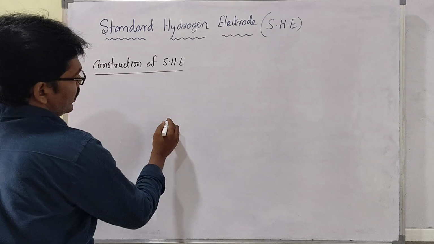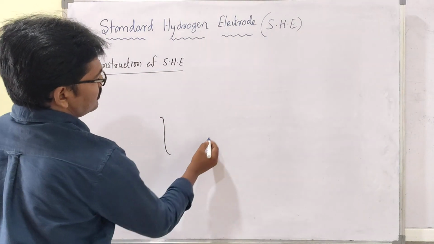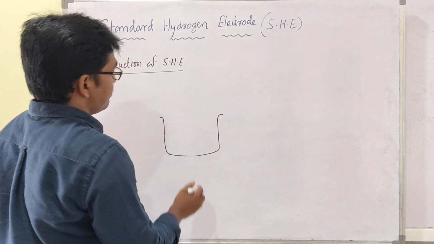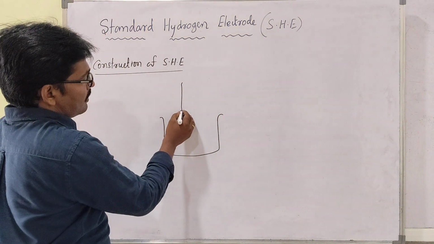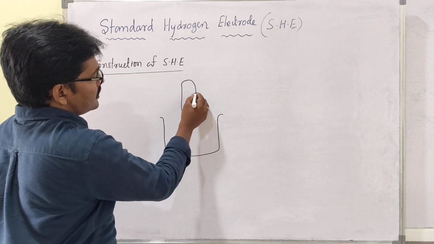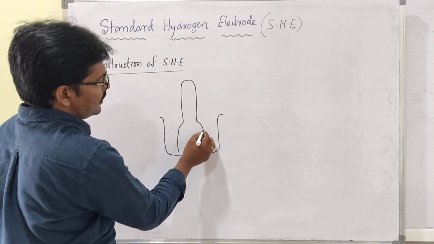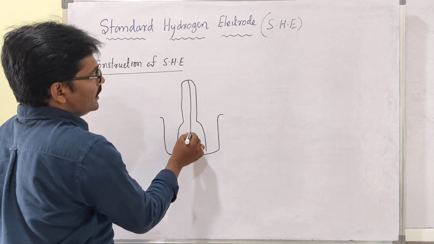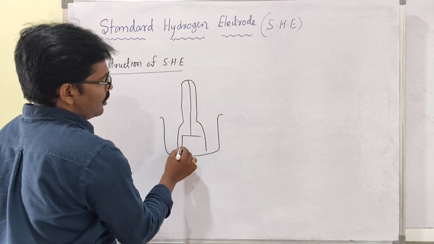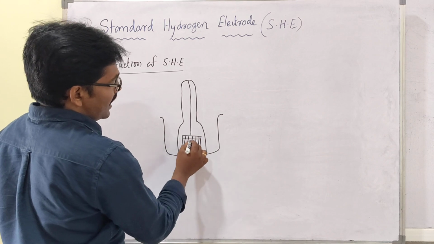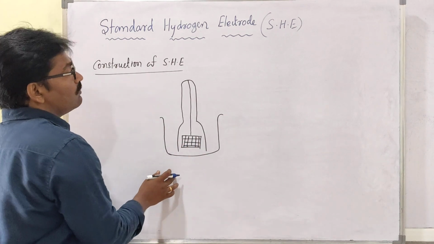First you have to take a beaker like this. Here is a glass jar, completely closed like this. Then a platinum foil is attached to a platinum wire.